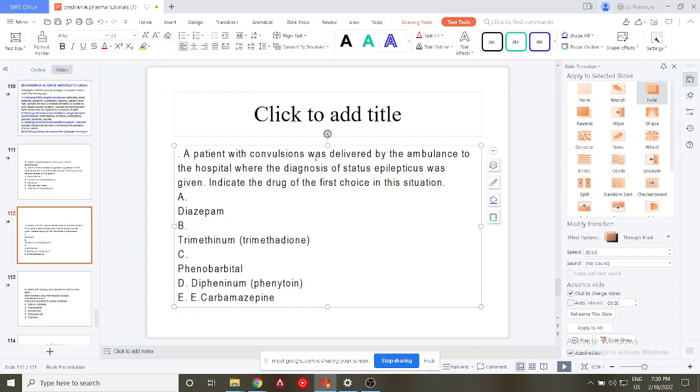Okay, yes. Wait, who can tell me the definition of status epilepticus? Status epilepticus, what does it mean? Maybe an unusual seizure.